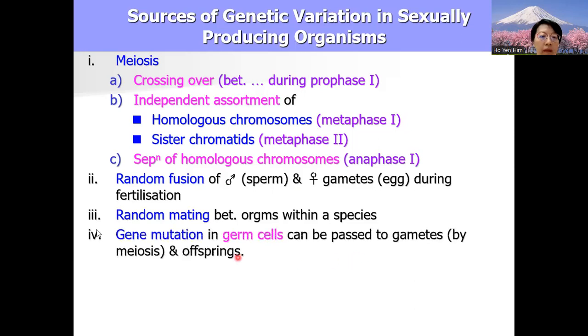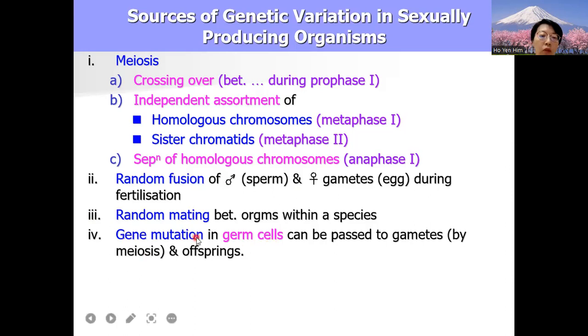Okay. Then gene mutation in the germ cells. As the cell carries out meiosis, when the DNA replicates, wrong bases could be added in and lead to mutation. So the moment germ cells are mutated, the gametes they form will inherit the mutated DNA, and therefore it will be passed on to the offspring.